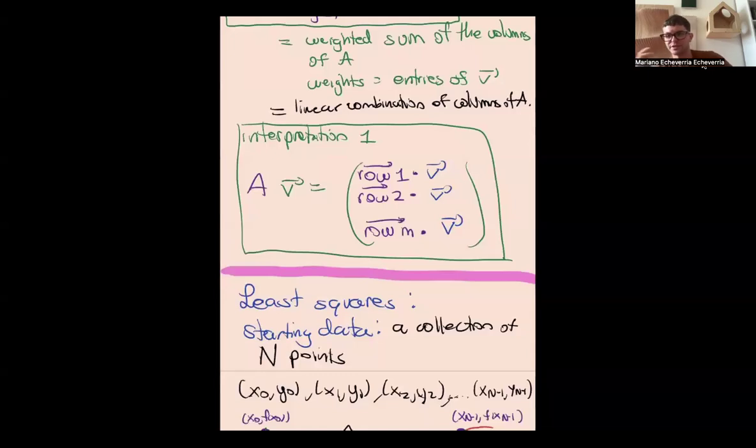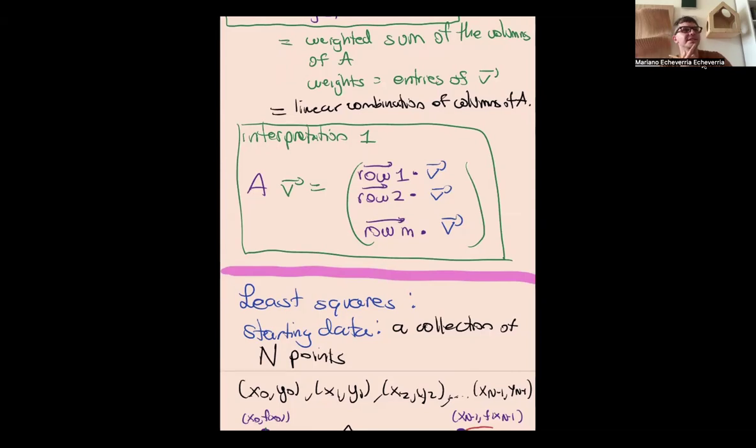Maybe to rephrase it: what turns the columns of a matrix into the rows of another matrix? What would you do to the matrix?